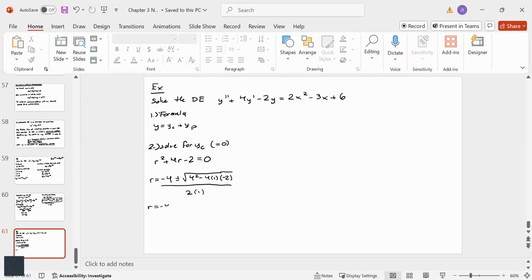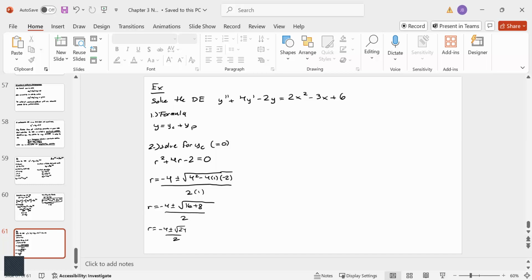So then r is equal to negative 4 plus or minus the square root of 16 plus 8, over 2. So r is equal to negative 4 plus or minus the square root of 24 over 2.